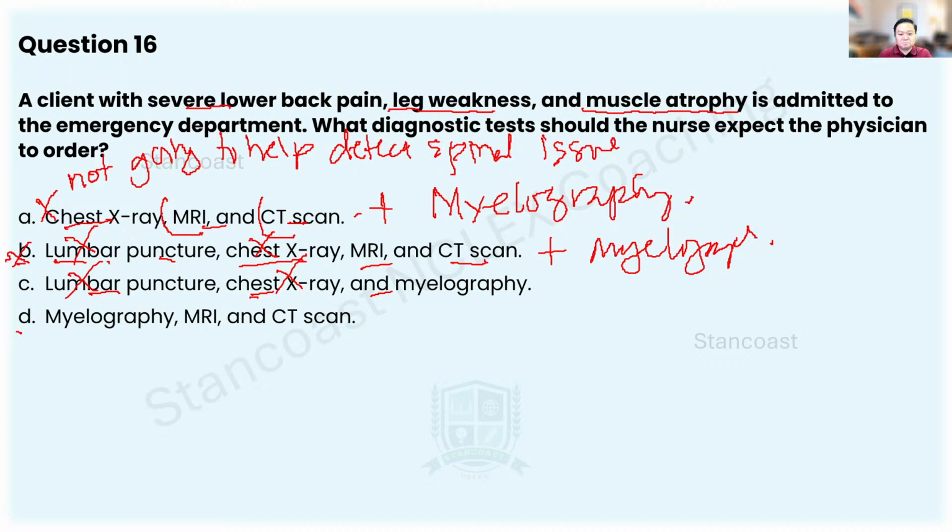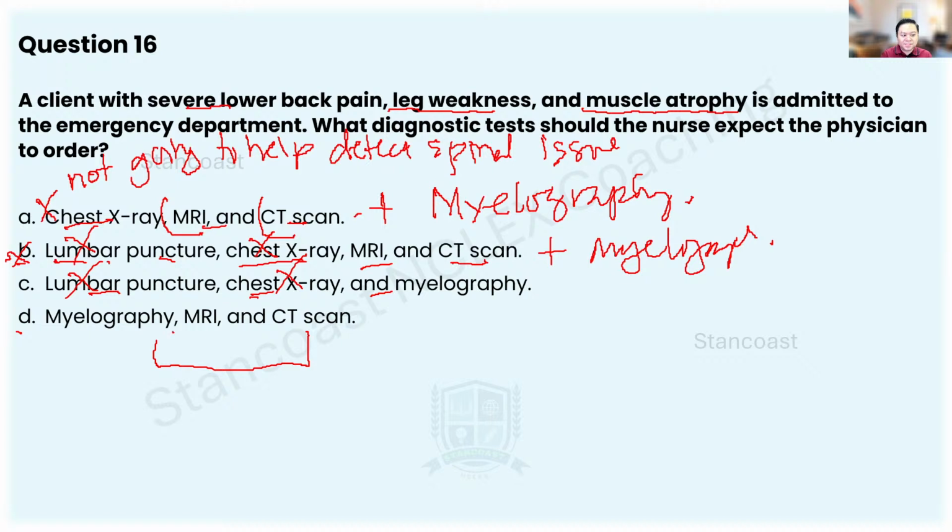Well, take note about the myelography. What is really in myelography? These are going to identify the herniated nucleus pulposus. And with the myelography, this is going to give us a better picture of images, especially in the spine, the nerve roots, and it will also give us a better understanding of the extent and the location of the herniation.